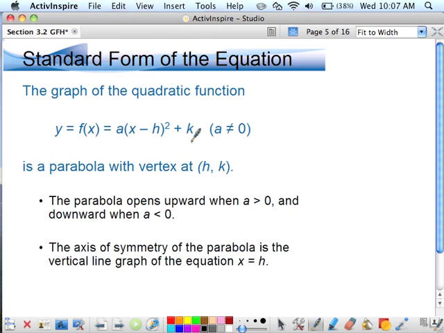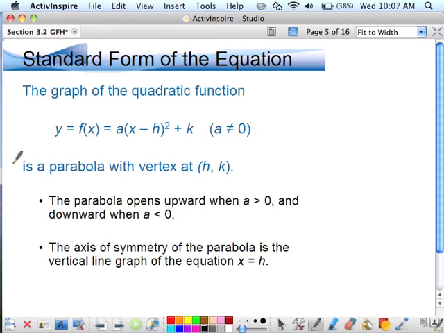What standard form does is it lets you easily identify the vertex. So if an equation is in standard form, you can see the vertex very easily. The vertex will be h, k, where h is the number that makes the parenthesis 0, and k is the number added to the end over here.